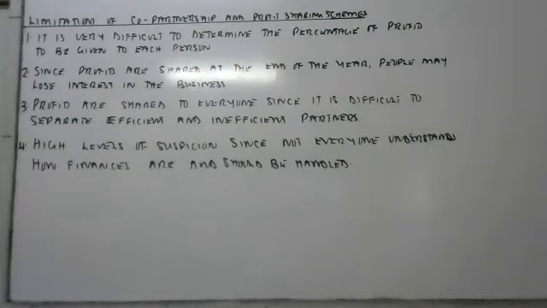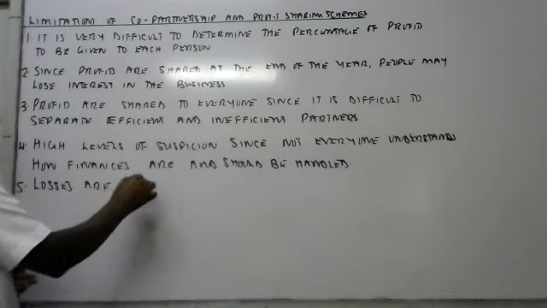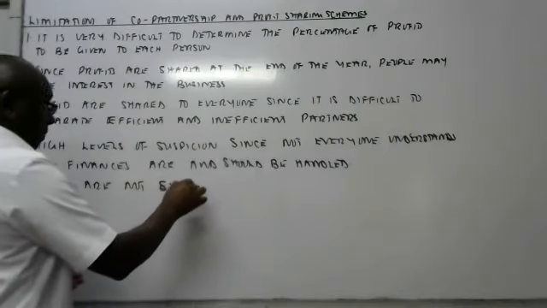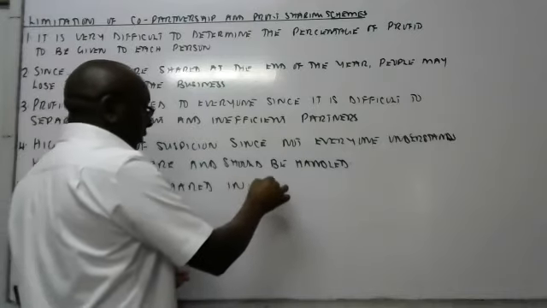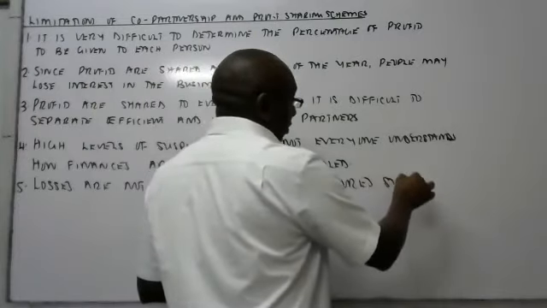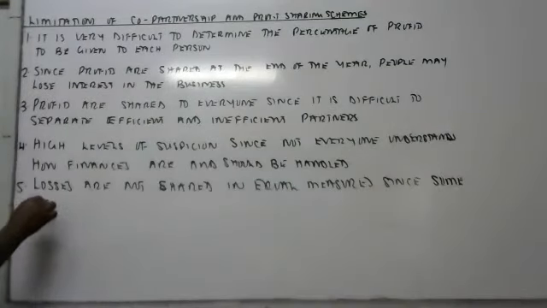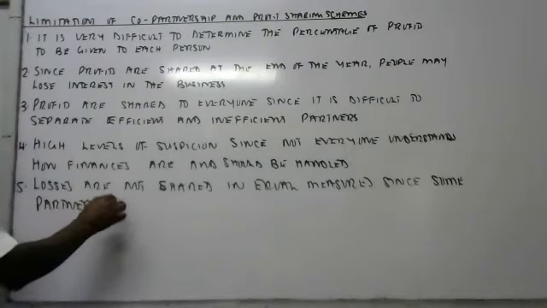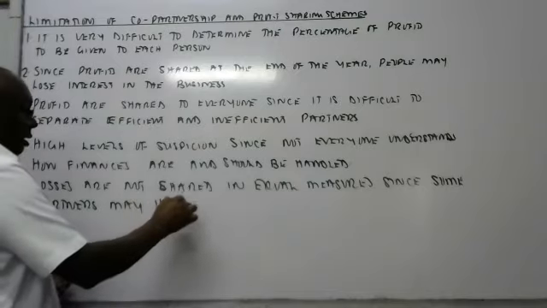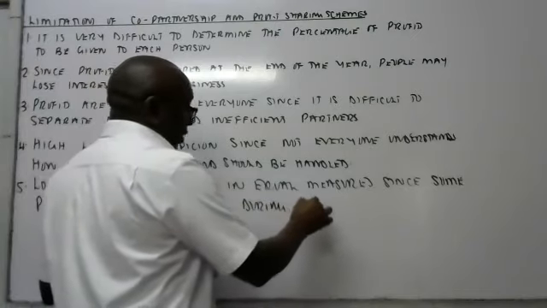The other one is that losses are not shared in equal measures, since some partners may keep off during bad periods.